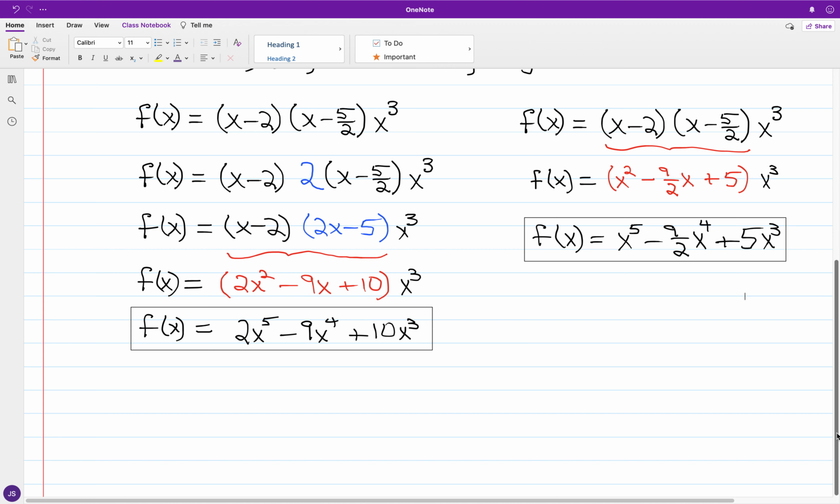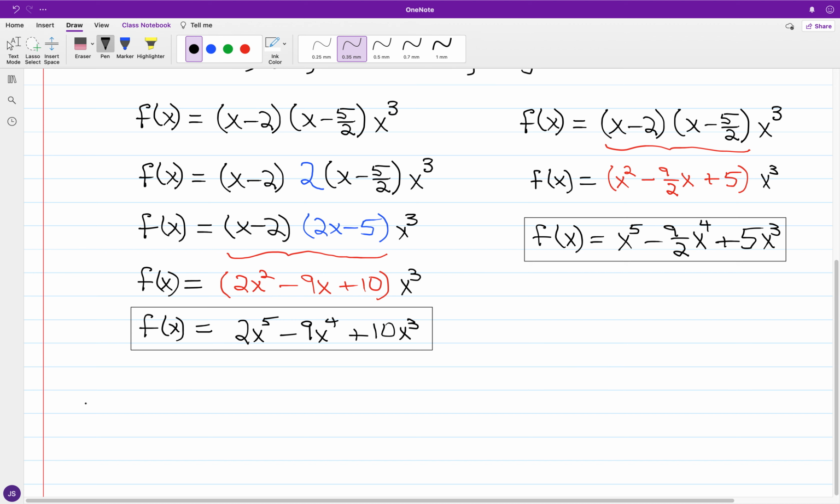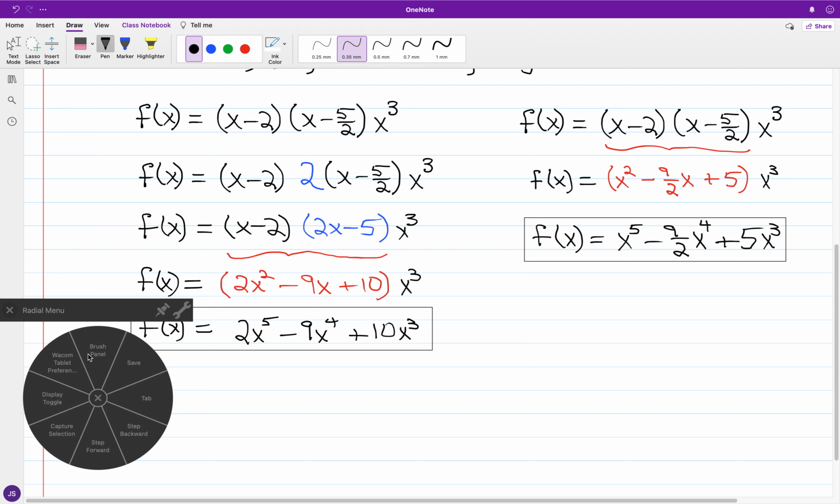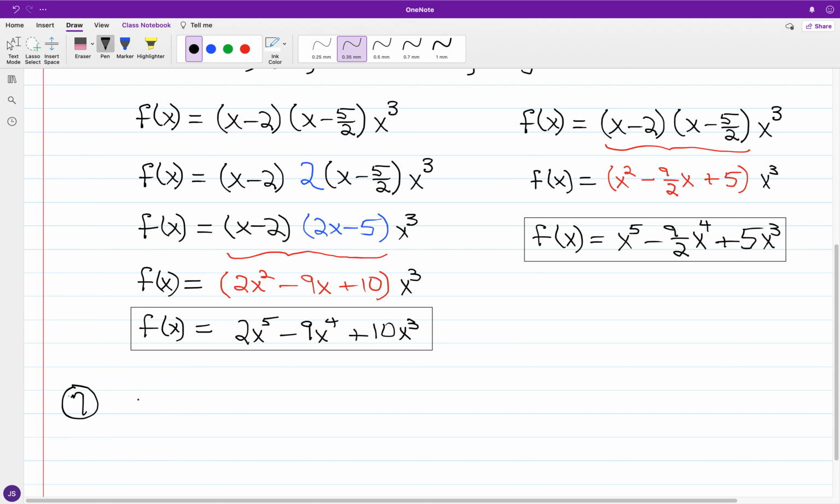So for number 7, we have a given function f of x is equal to x squared minus 25 all over x minus 5.